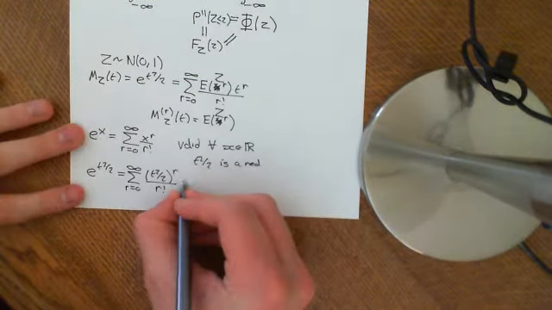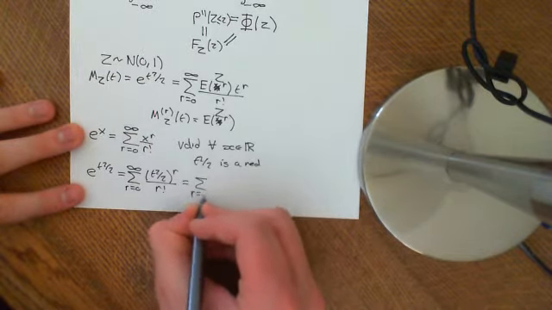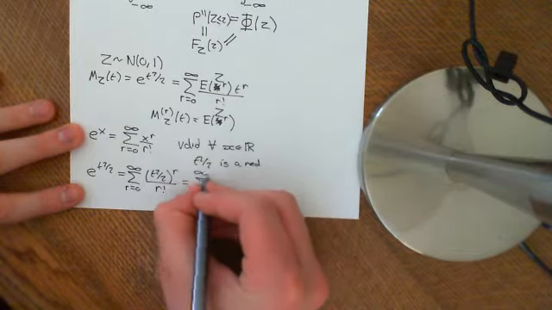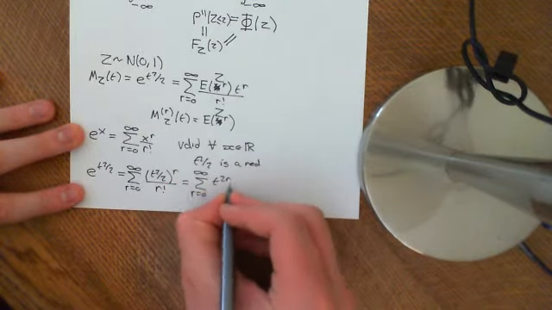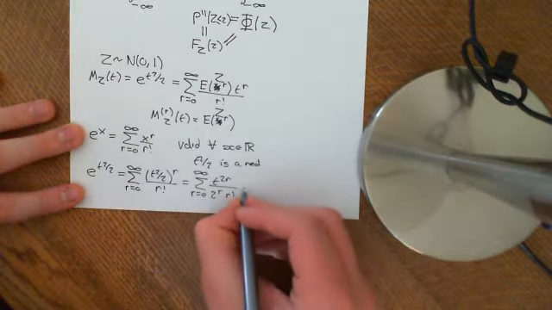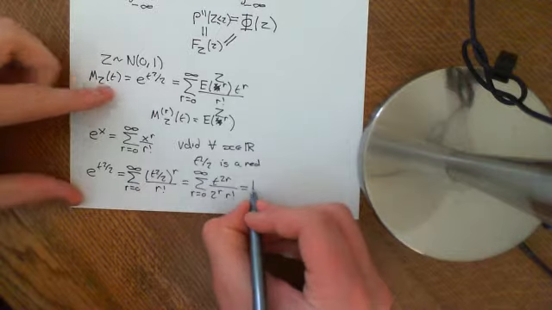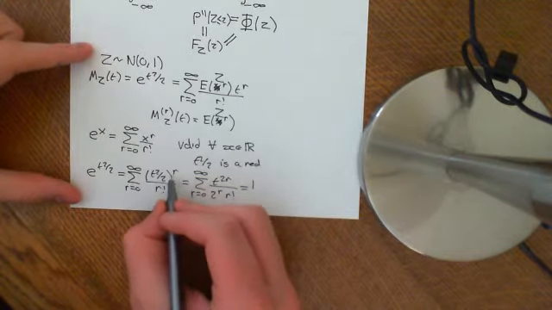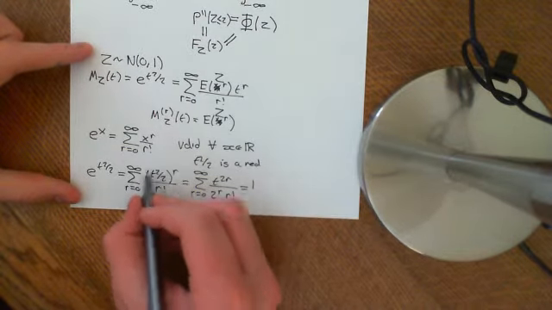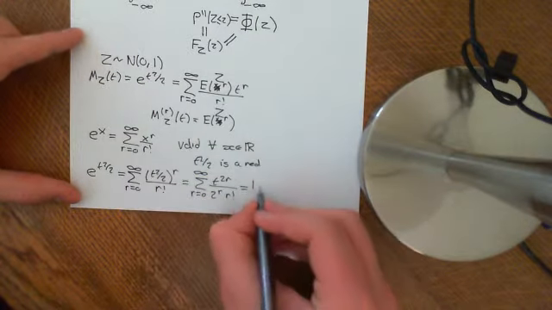If we finish this off and expand this, we get the summation from r equals 0 to infinity of t to the 2r over 2 to the r times r factorial. If we write a few of these terms out, we get 1 as the first term when r is equal to 0, since anything to the power of 0 is 1, over 0 factorial, which is 1.